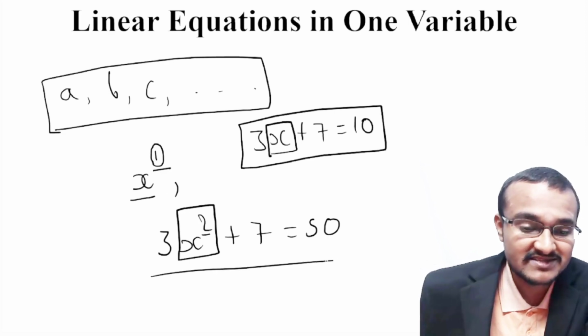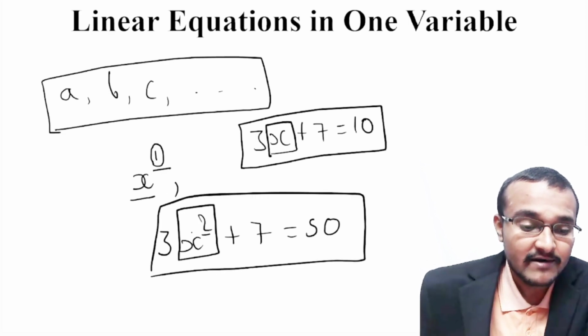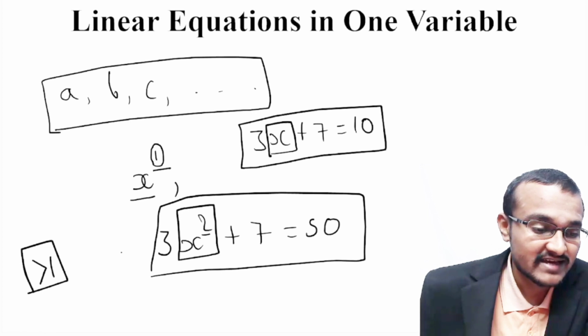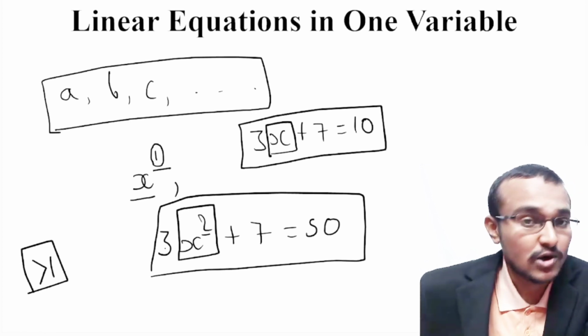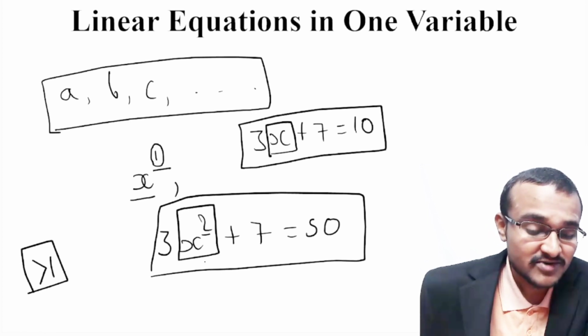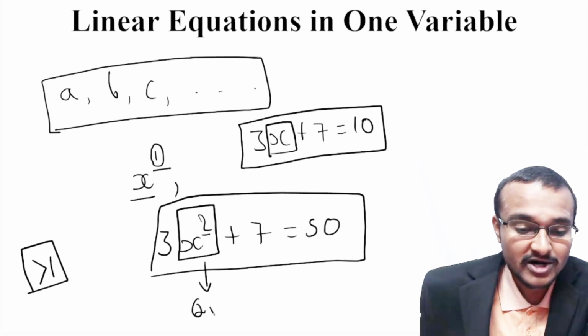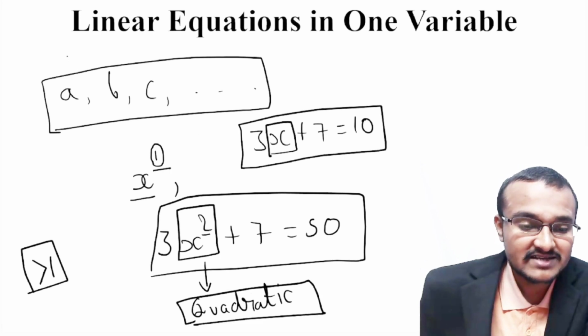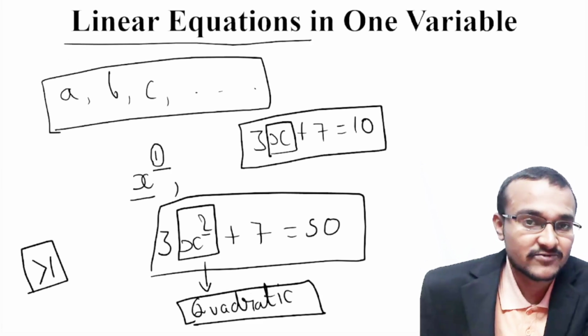If the variable in the equation has power greater than 1, then the equation is not linear; it becomes a quadratic equation. We are not discussing quadratic equations now, we are just discussing linear equations.